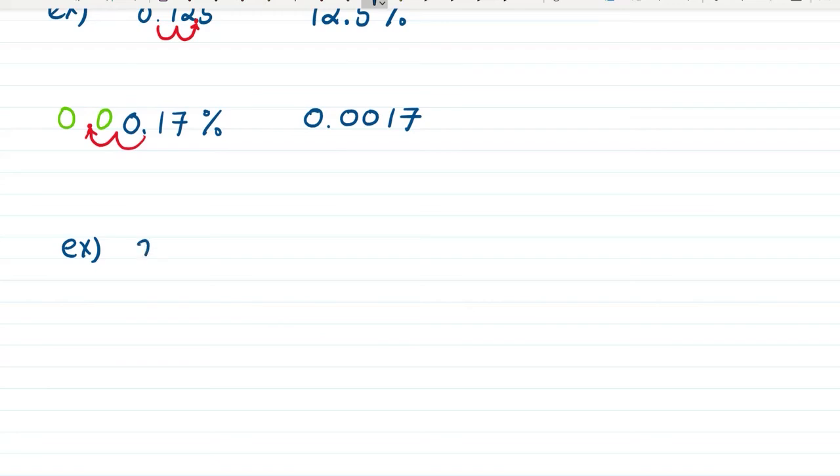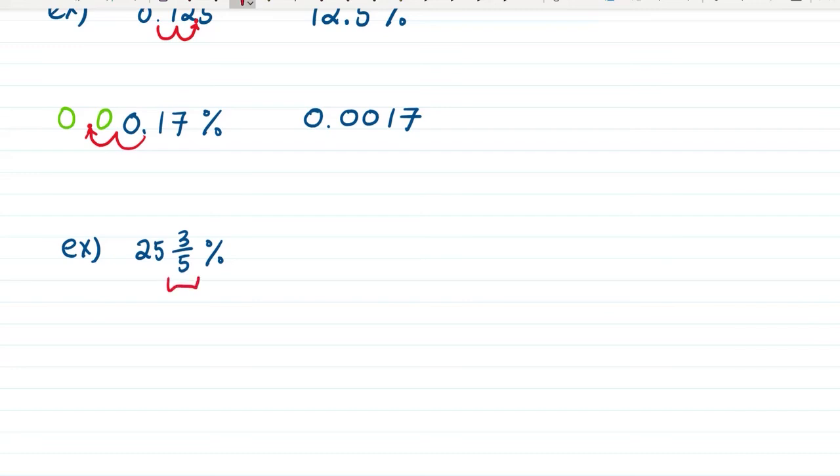Let's try one more example. So we have 25 and 3/5%. So it's a fractional percent value, and let's find the decimal and fraction form of this percent. 25 is a whole number, so we don't have to change anything for that part.